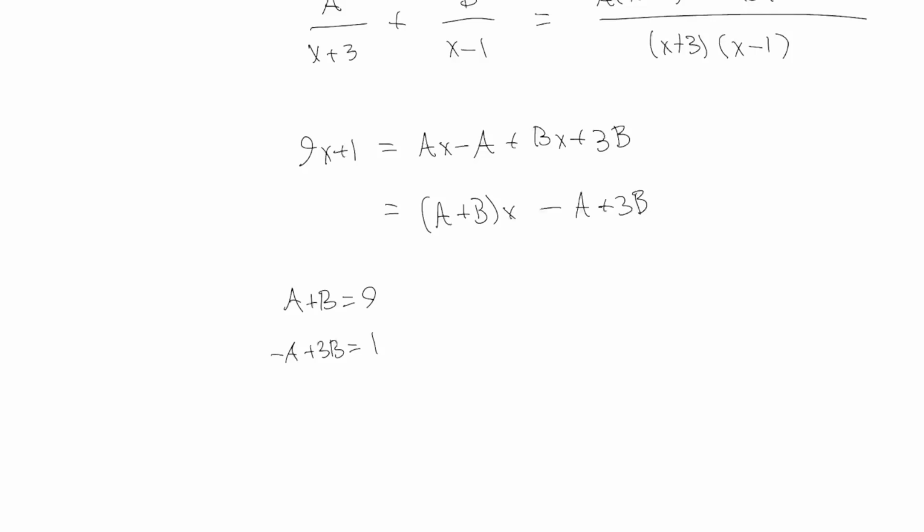And then we have to solve this system. Actually, this one is convenient for adding the two equations together. I like to do that when we can. It's cute. If we add these equations, the A's cancel, and it'll just say 4B equals 10. Did I do this right? Anybody agree or disagree?